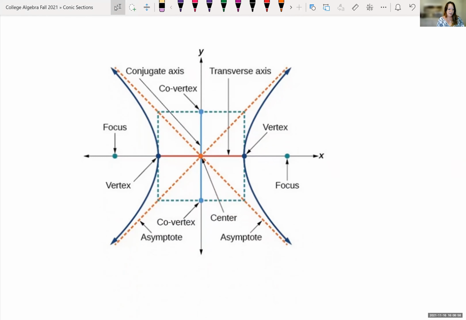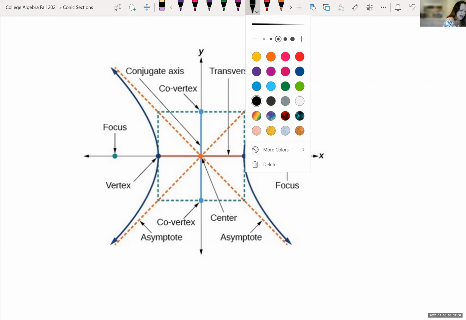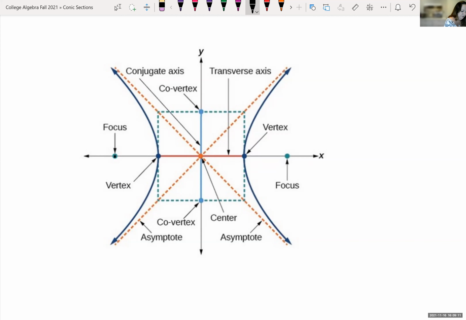So here is our hyperbola. There's lots of different things going on. Looking at this, we have our foci. We have our vertices. In here, we have two axes. We have this axis right in here that's joining the two vertices.